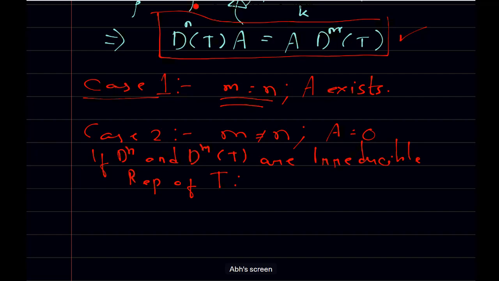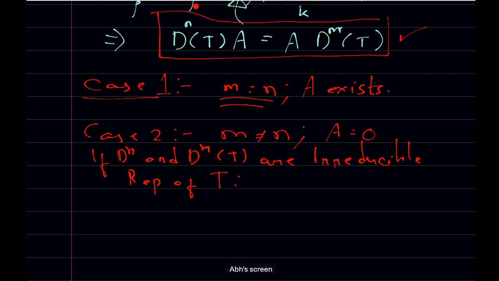But to generalize the notion of similarity transformation, we took M not equal to N, because if M is not equal to N, then I can say you have a representation in a basis set with M basis, and you have the same representation of the group operator in the basis set with N basis.